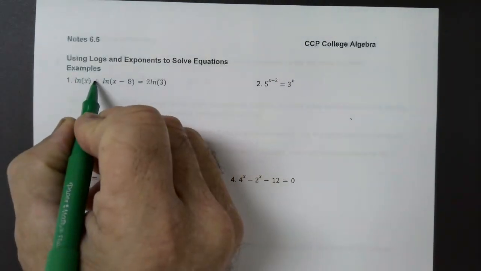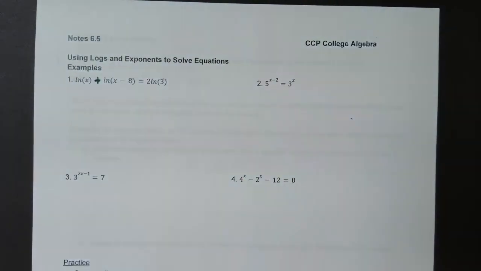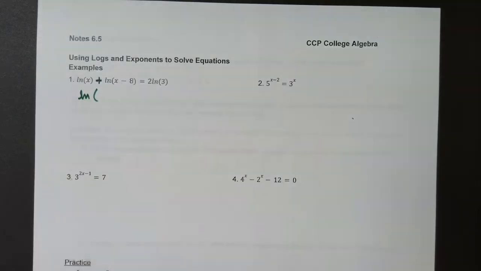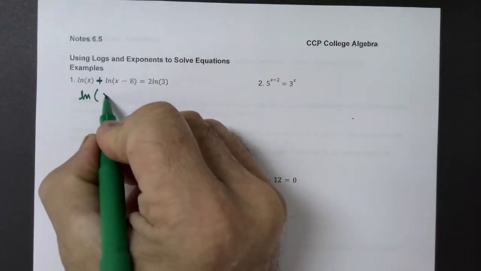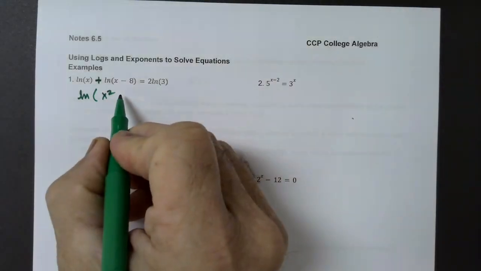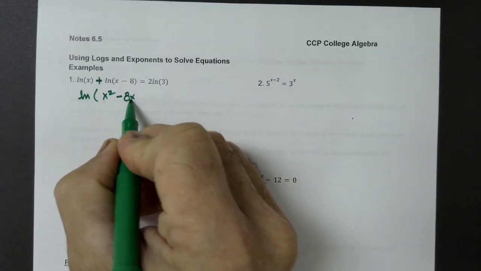Can someone tell me what this adding of the logs is going to tell us to do? Multiply, absolutely. So this would be the natural log of x times x, or x squared, and then the x times the subtracting 8 would give us a negative 8x.